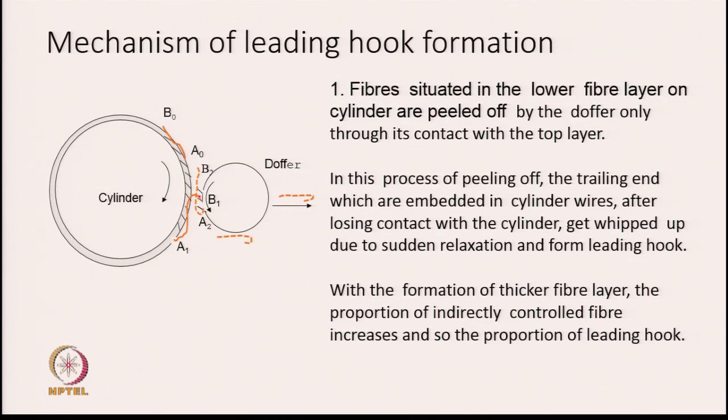The end comes here into contact with the Doffer, like here, and then, as the cylinder wire points are combing the end point of the same fiber, these fibers lose contact, they are peeled off from the surface of the cylinder, and the end is suddenly whipped up due to relaxation of stress, as shown in the diagram as A2 B2.